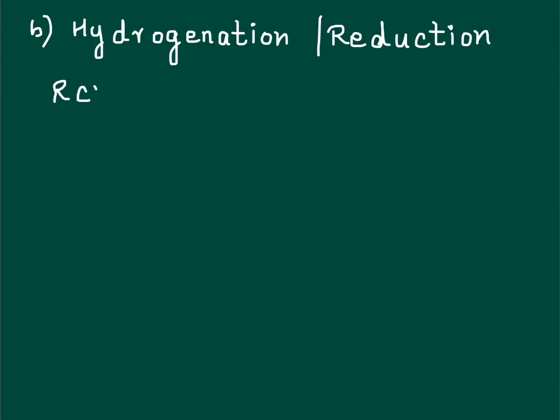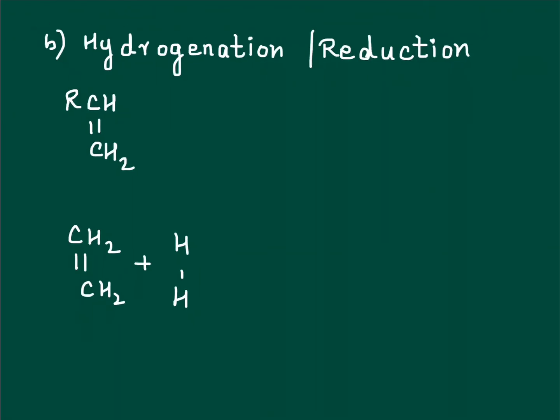So RCH double bond CH2, or if it is specifically the study of ethene in your syllabus, you can just write the reaction with ethene here. Add hydrogen across the double bond, plus H-H.